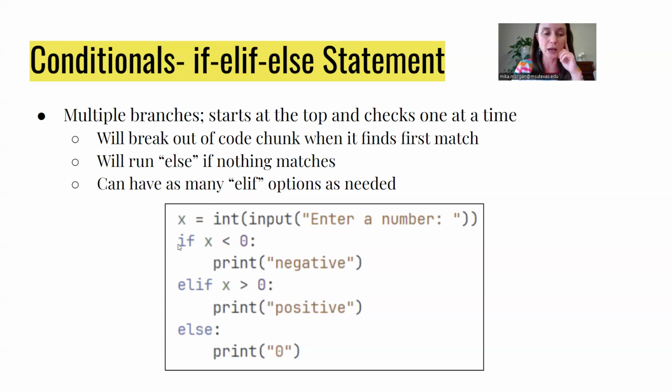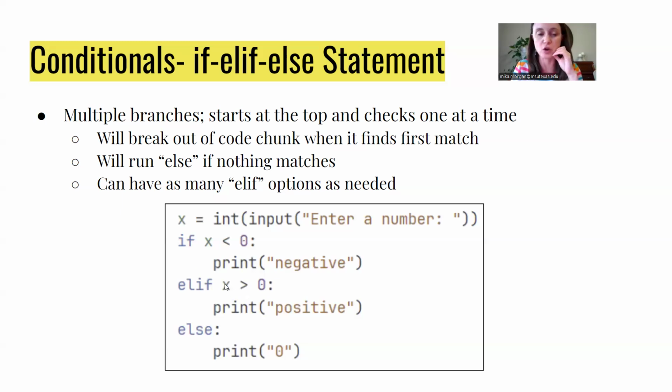So the computer starts right up here at the top. If your number is less than 0, it's negative. If that's not true, if that comes back false, then it's going to come down here and check this one. So now we have another conditional.